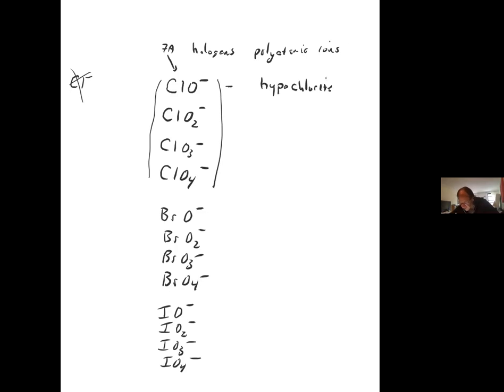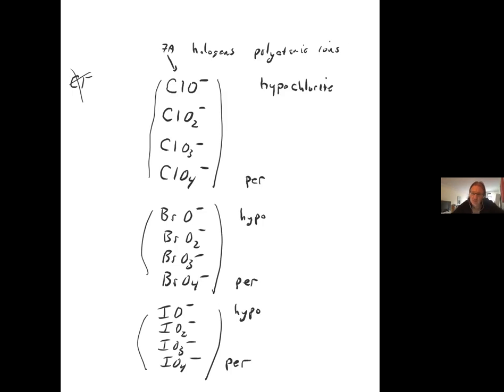Okay, so the first one's going to be hypo. I don't want to use a little dash because the dash you might think is a negative charge. Okay, so it's hypo. The last one starts with per. So hypo and per. Per is really shorthand for hyper, right?